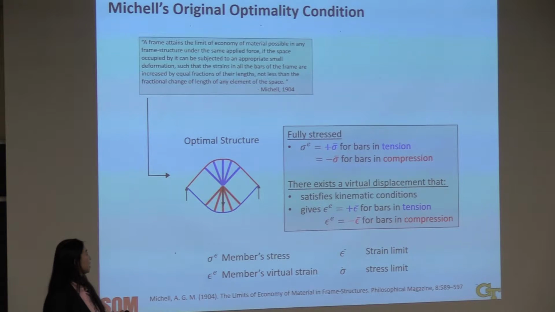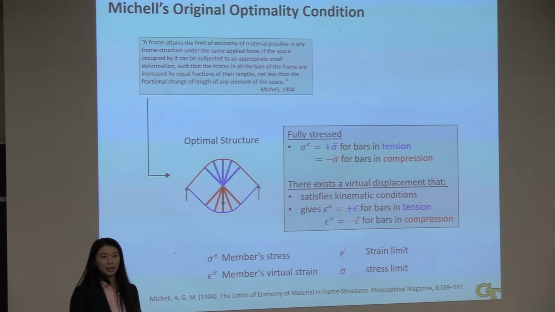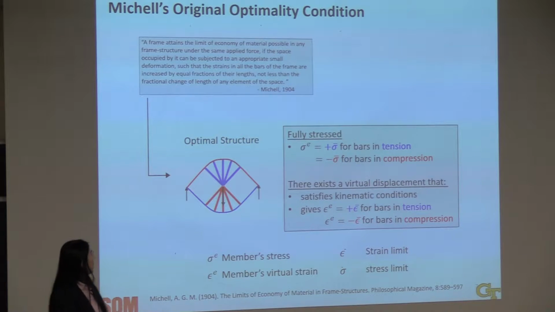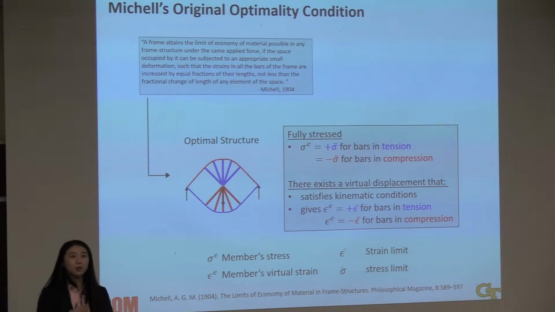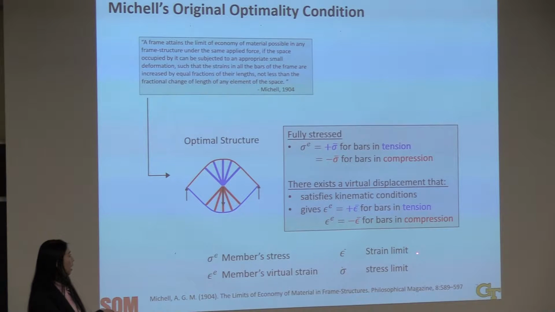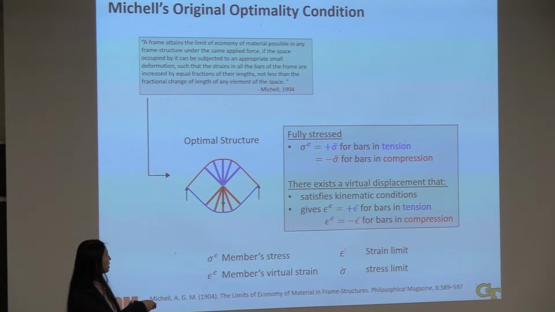And the second condition is that we need to find a virtual displacement field that satisfies the displacement boundary conditions. That displacement will generate a virtual strain for the structure, where all the members in tension have to have an induced virtual strain that is positive with this value, and the same for the compression members.